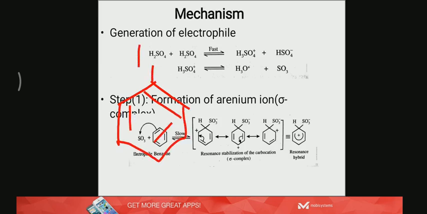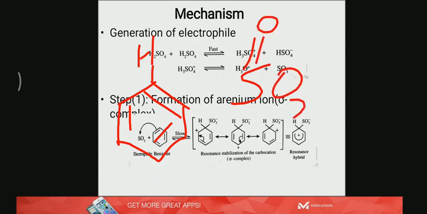We show one H separately, which is going to be substituted. I am showing one oxygen separately and the remaining two oxygen like this. So we know sulfur is positive, so this pi electron from benzene is used to form bond with sulfur, attack on sulfur. So this pi bond will shift to oxygen.